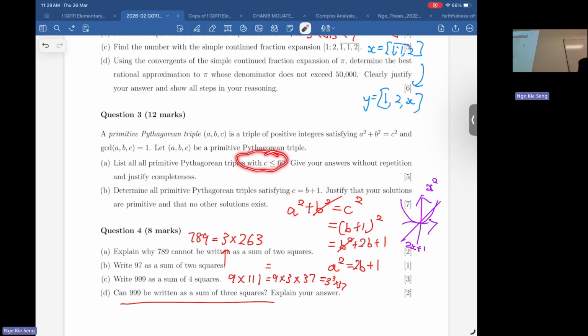Because previously when we solved for primitive Pythagorean triples, right, we tried to restrict our A and B. A and B that we can control here. A square. This is A square. This is not 2D, think about it as 3D.